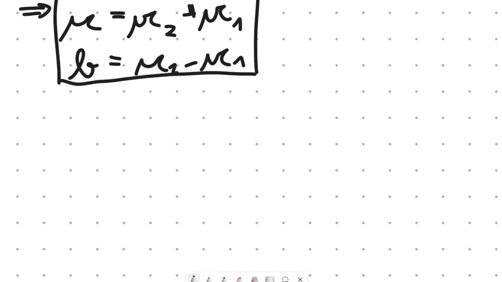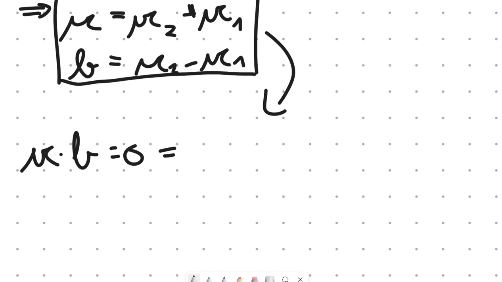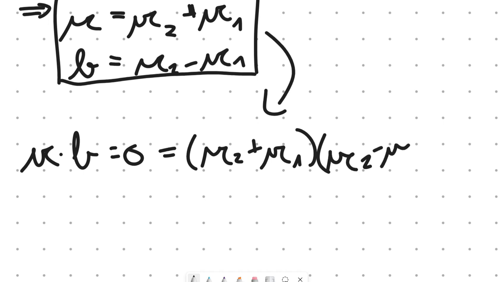Now since u times b is equal to 0, we can plug in these things and say that u2 plus u1 times u2 minus u1 is equal to 0.